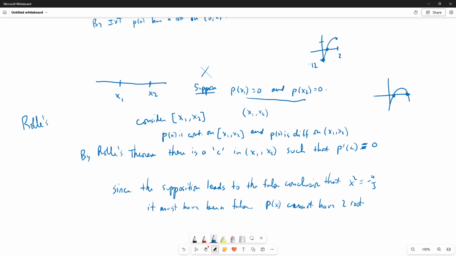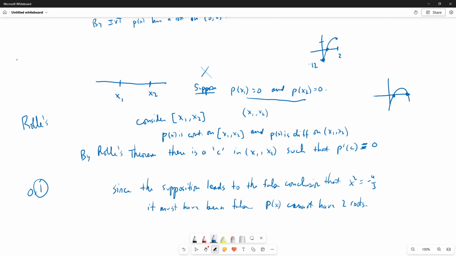And if it can't have two roots, then it has either 0 or 1 roots. And we already showed by the intermediate value theorem that it had a root. So it has exactly one root, putting those two together.